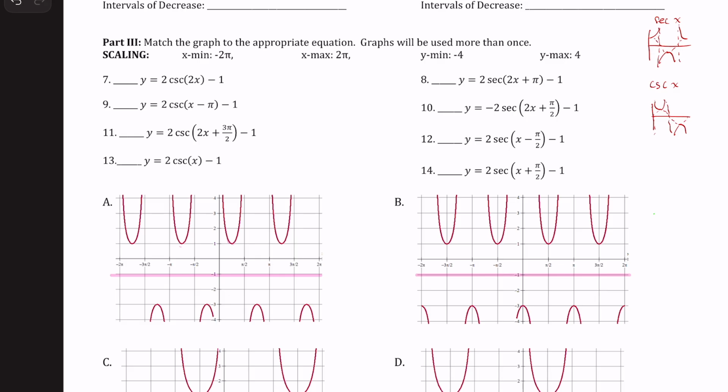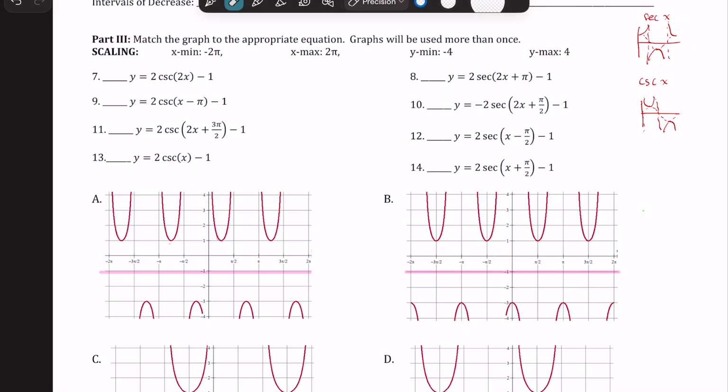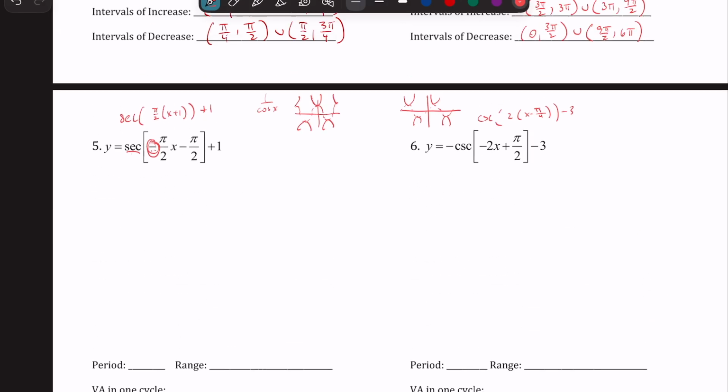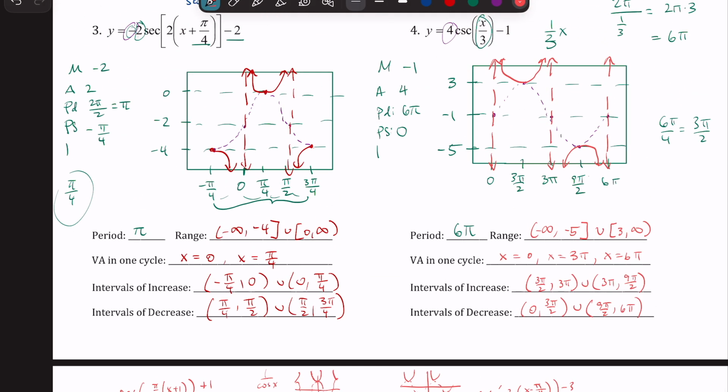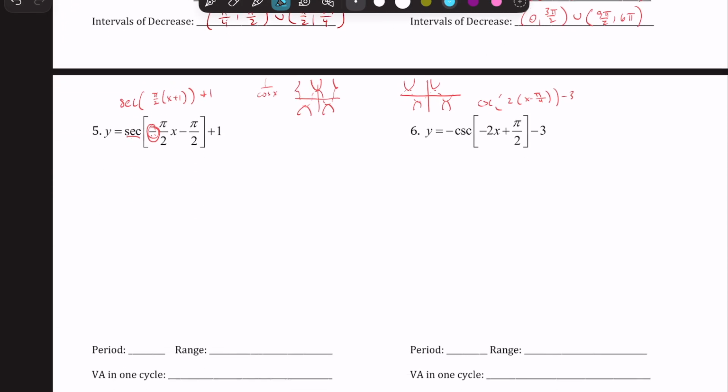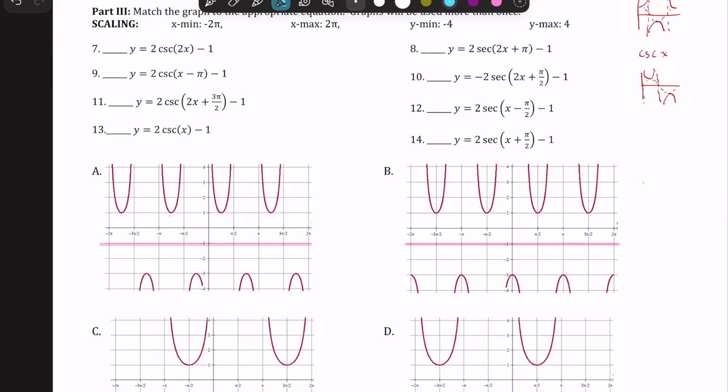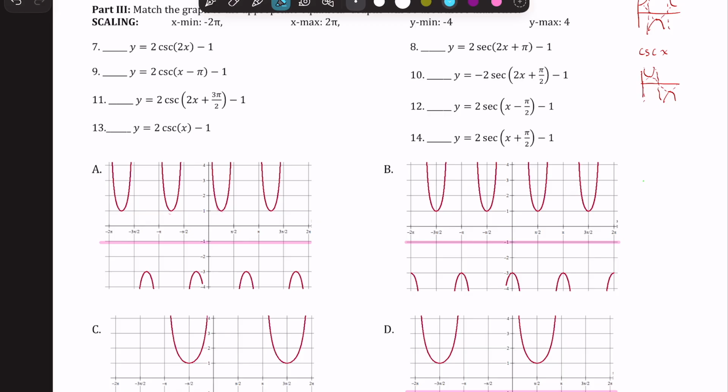So what I like to do with these is, just like up here, where I have this piece highlighted, I've got this piece here and this piece here. I just draw it in.